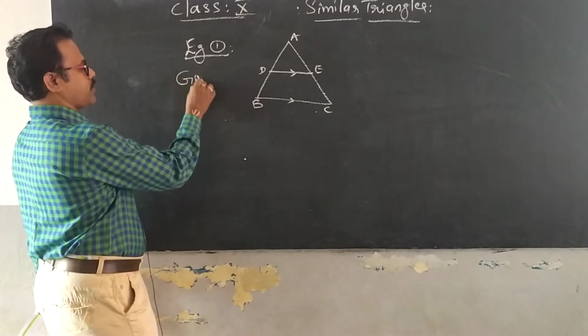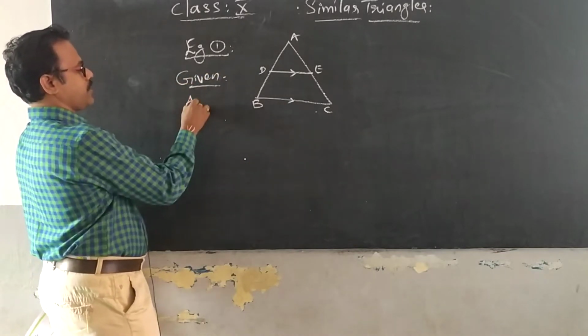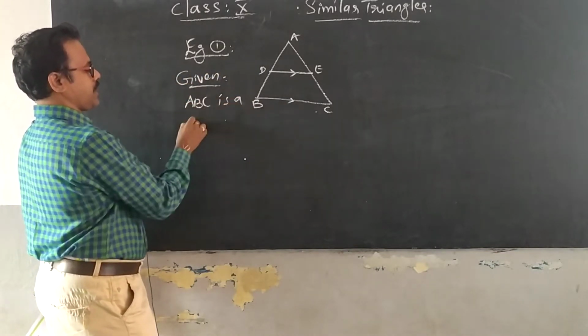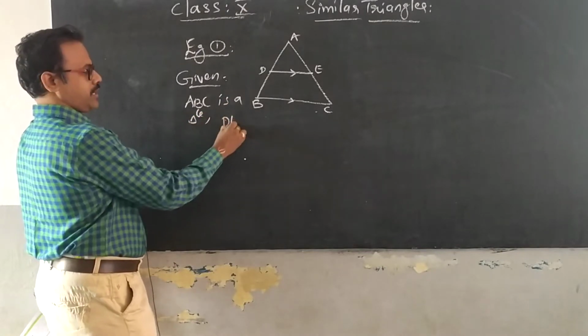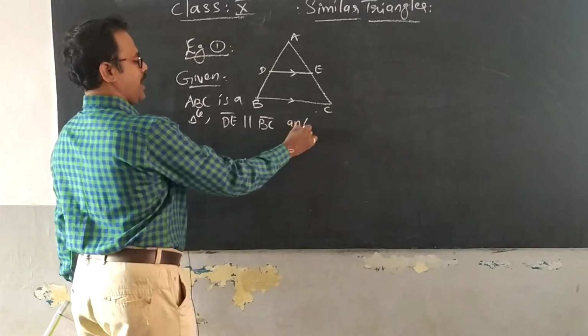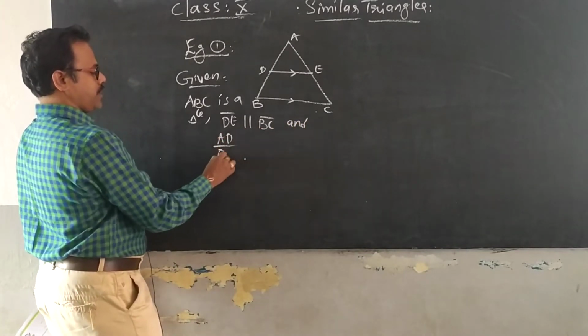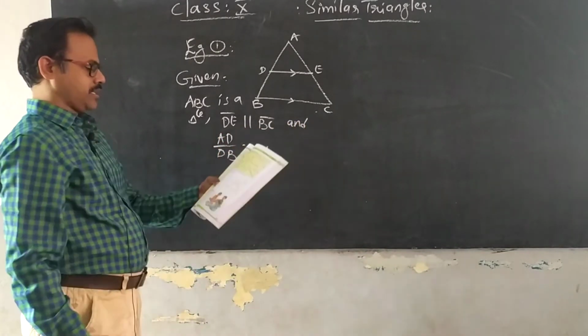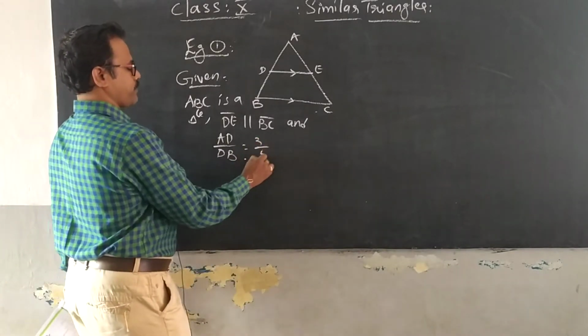So what is given to us? Given ABC is a triangle, line segment DE is parallel to line segment BC, and AD by DB is equal to 3 by 5.